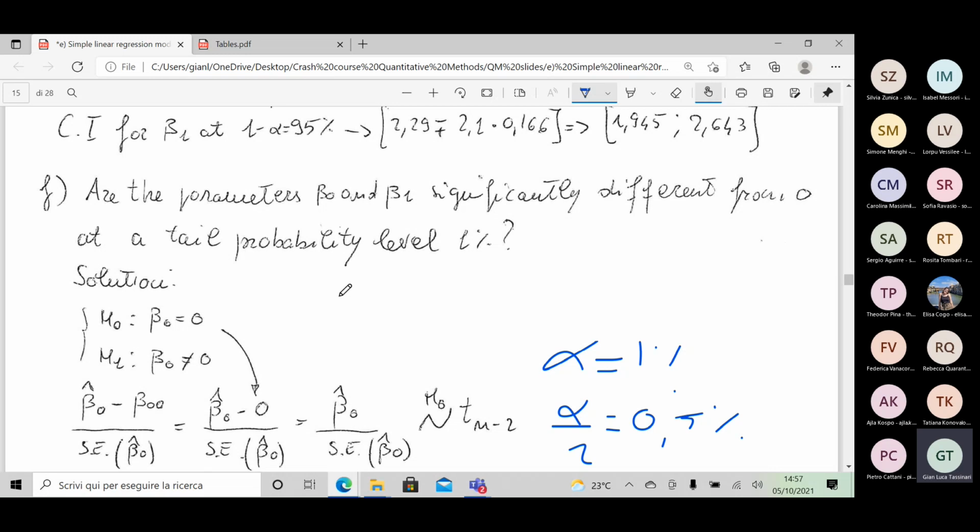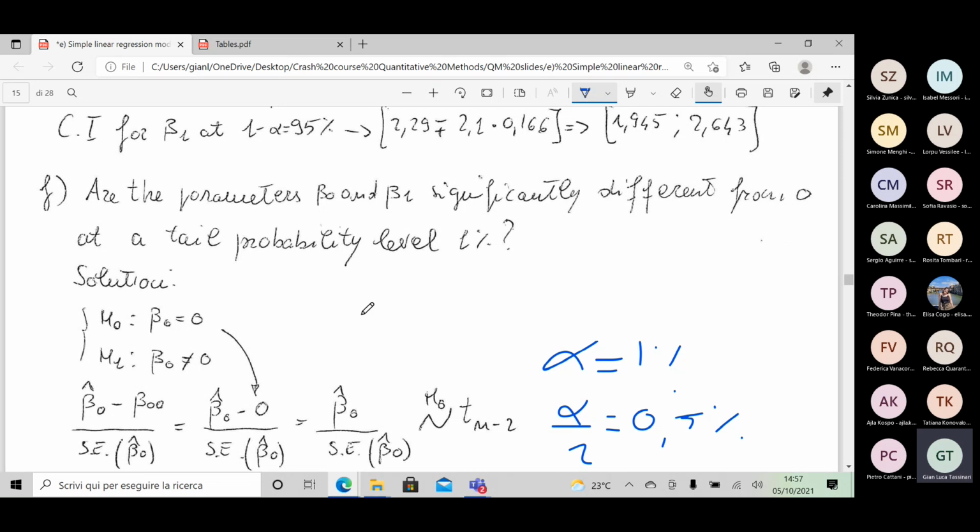In our case, x denoted the advertising expenses, and y the sales. So it is reasonable that even if the advertising expenses are 0, the sales are positive, different from 0.